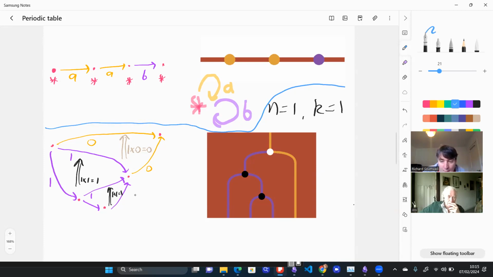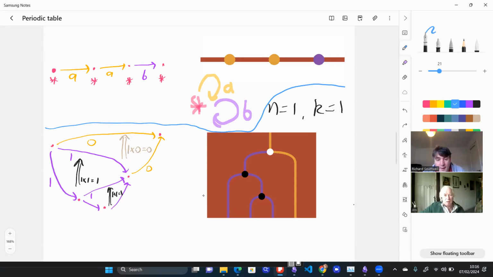So the purple is 1, the orange is 0. This says 1 times 1 is 1. 1 times 1 is 1. This says 1 times 1 is 1. And this says 1 times 0 is 0. So we can talk about arithmetic, right? This is what we're going to do here.